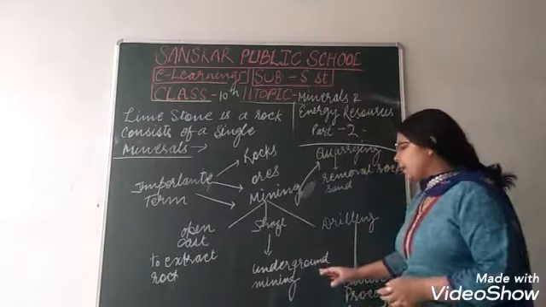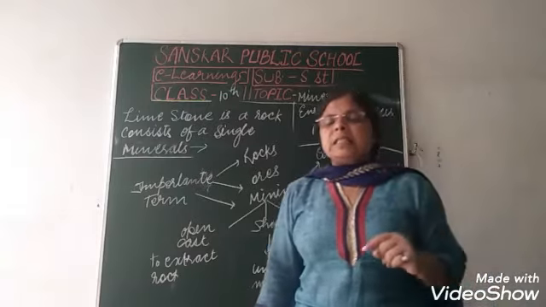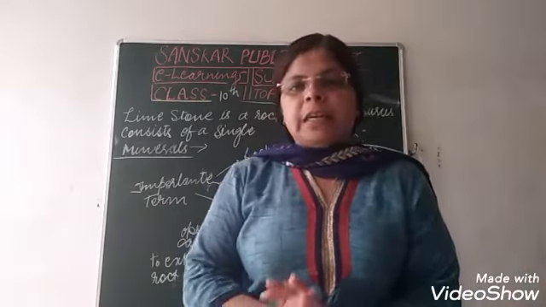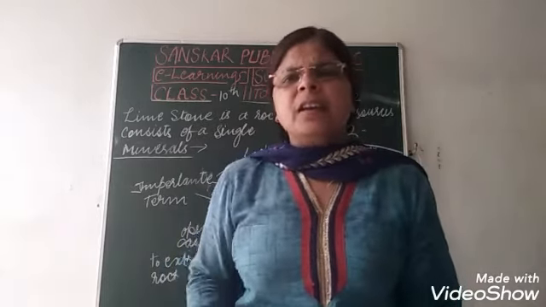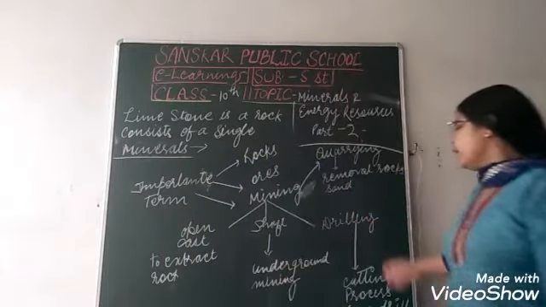Next is the shaft mining. Shaft mining is done underground. In shaft mining, our geologist and geographer dig the land and find the mineral inside the earth, like coal mining, the Kolar mine of Karnataka. Next is the drilling.